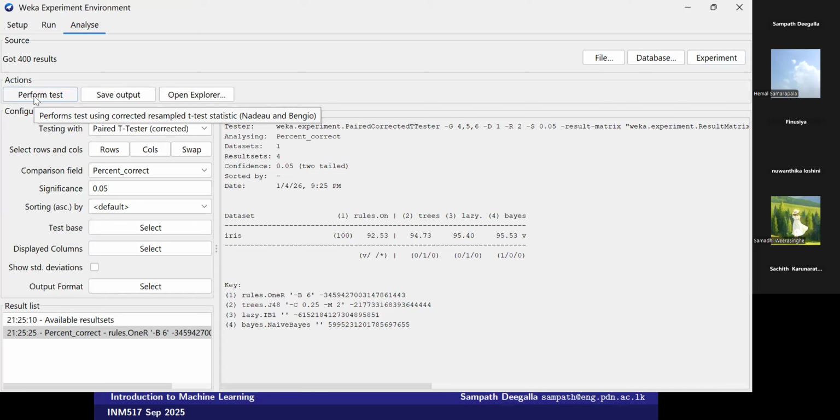What happens here is we used the iris dataset with 4 machine learning algorithms. We repeated the 10-fold cross-validation 10 times, so you have average data. And we are comparing these averages using a paired t-test.